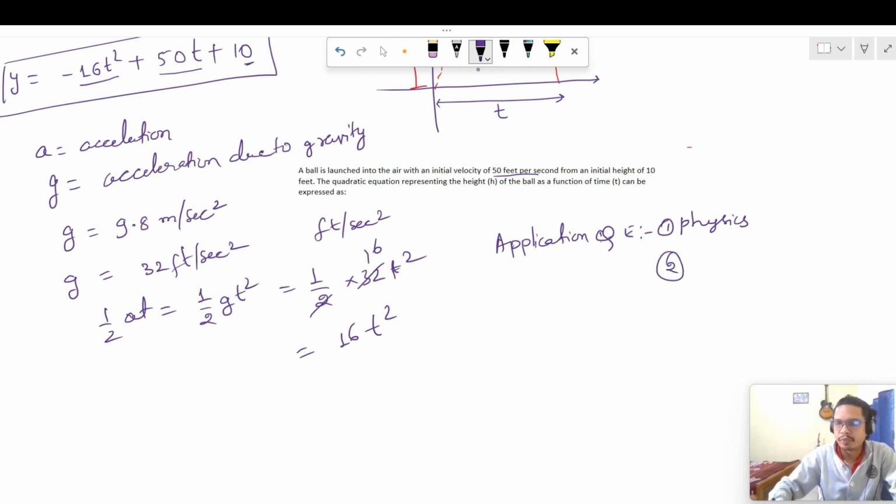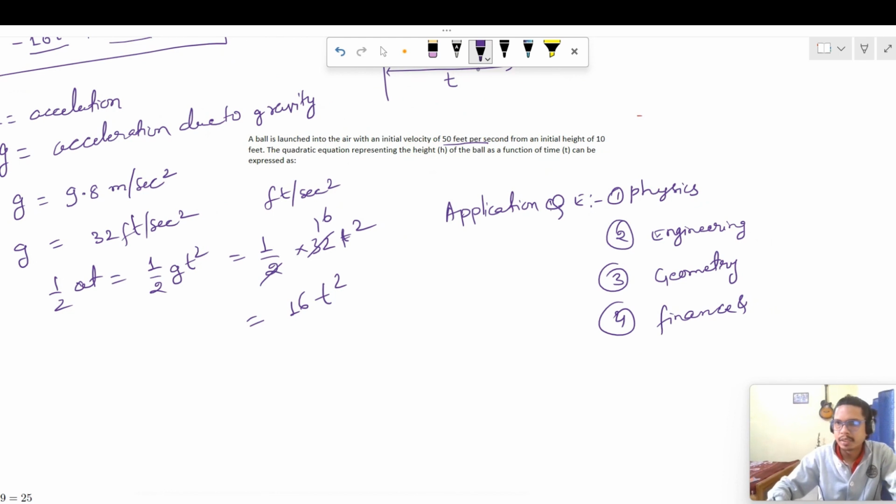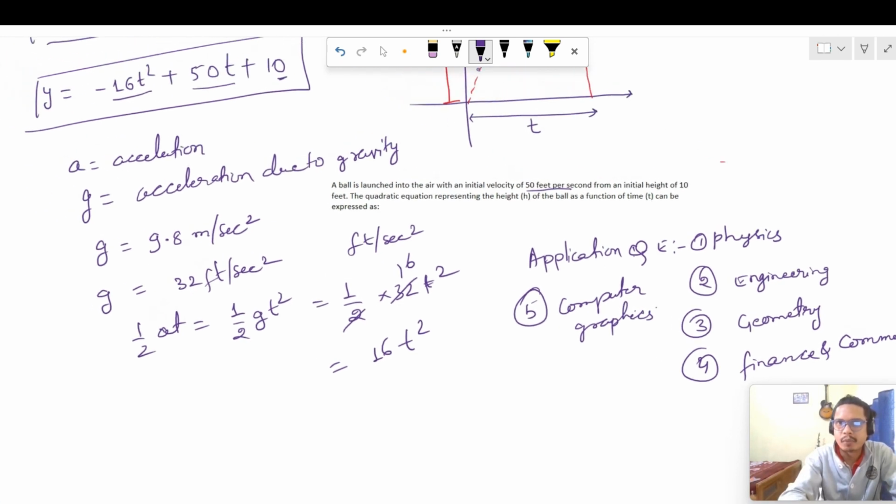Obviously engineering is one of them. Geometry, finance and commerce, obviously, and computer graphics, and many more applications of quadratic equations.